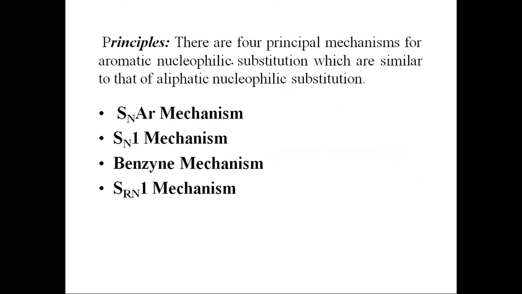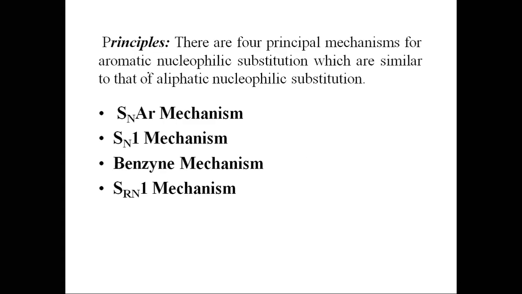The nucleophilic substitution with respect to SN1 and SN2 has been discussed, along with the effect of solvent, the effect of substrate, the role of solvent, the energy profile diagrams for the SN1 and SN2 reactions, and all the steps involved during the SN1 and SN2 reactions. Let's move on to the aromatic nucleophilic substitution reaction.